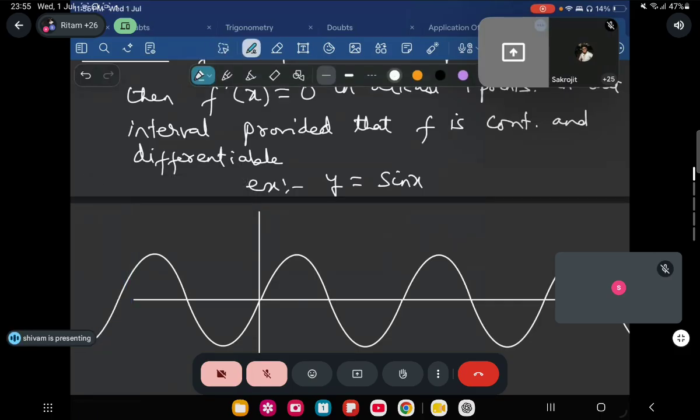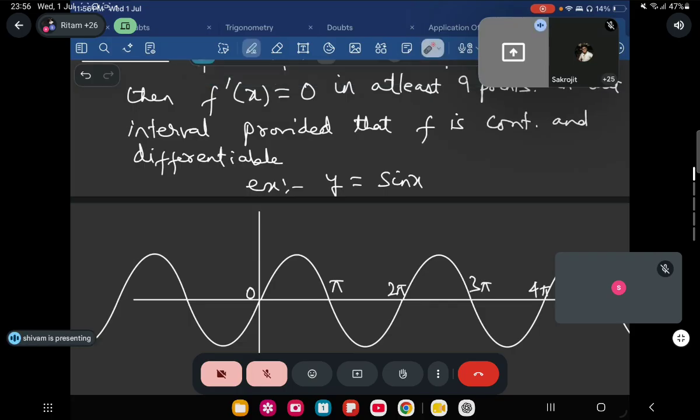See, it is equal to 0 at 0, pi, 2 pi, 3 pi, 4 pi. So let us talk about interval 0 to 4 pi only. Between 0 to 4 pi, in how many points is it 0? See, 1, 2, 3, 4, 5.